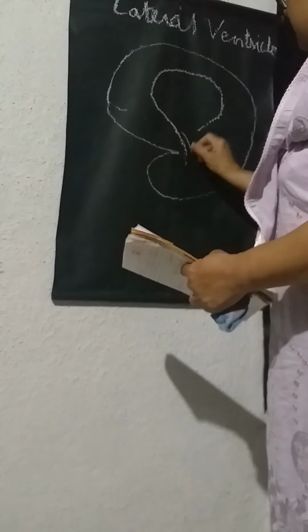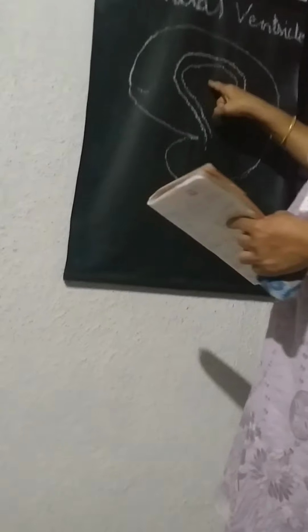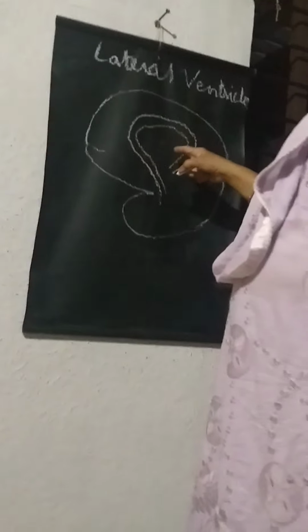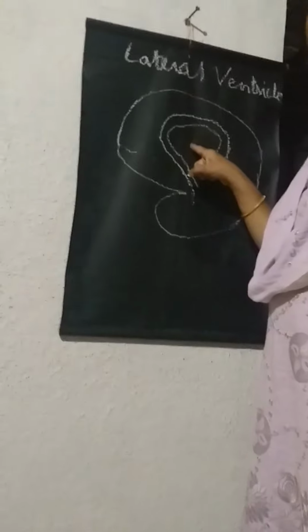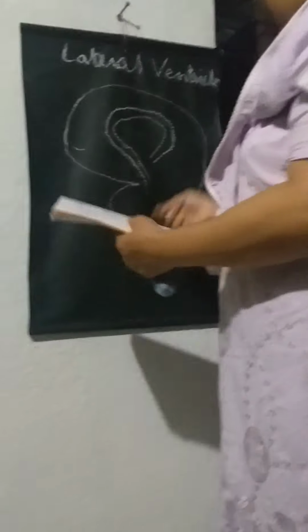Within the concavity of the corpus callosum is situated the lateral ventricle. So in each cerebral hemisphere, this cavity is present. This is called the lateral ventricle. Understood, everybody?